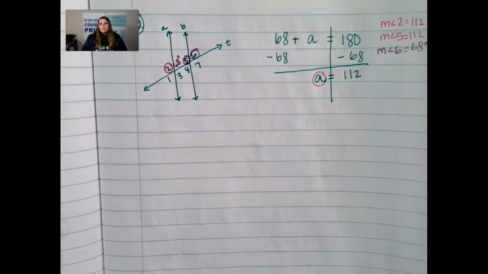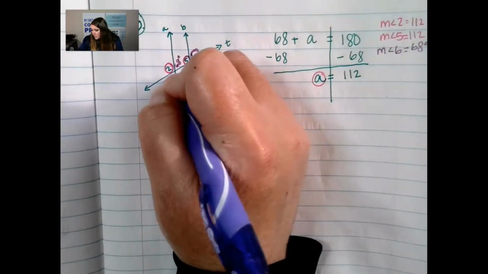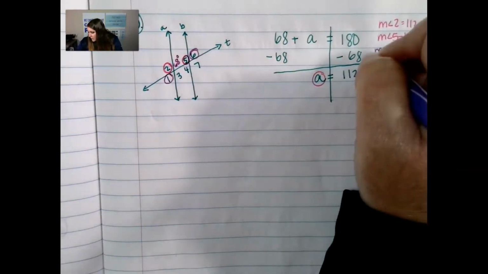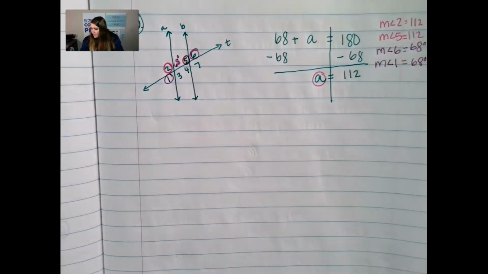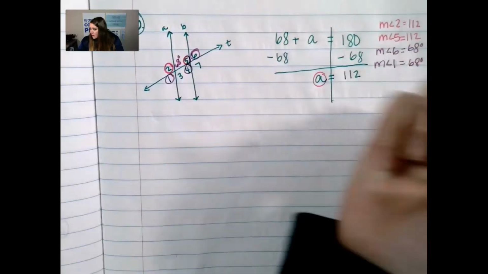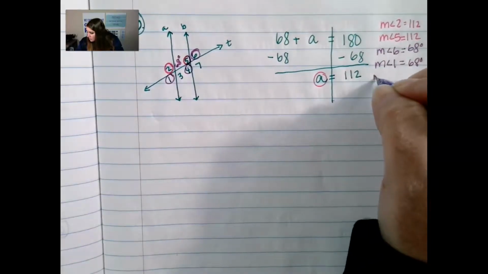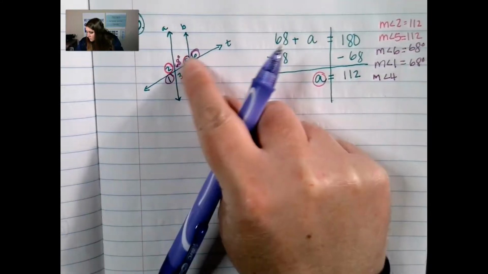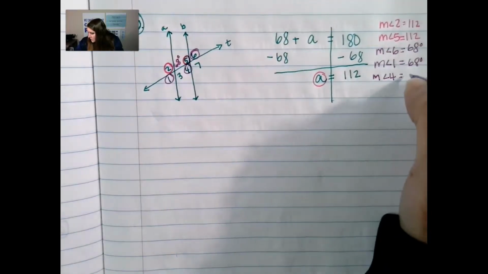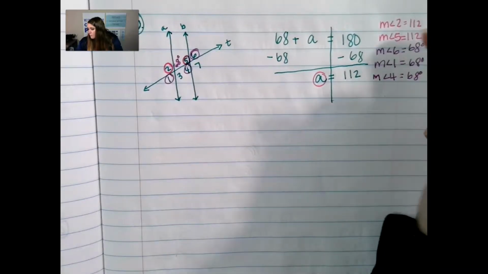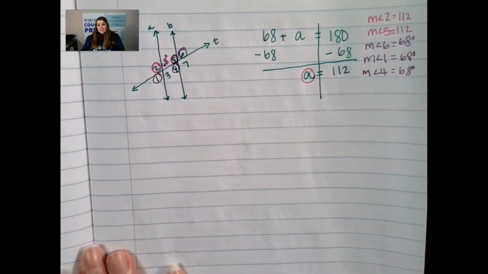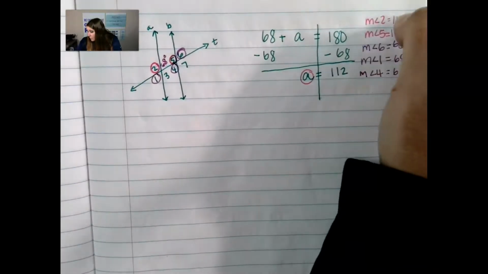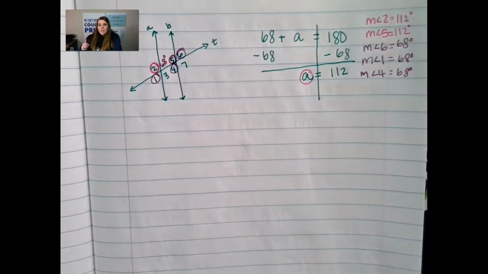Okay, now we're ready for vertical angles, looking at those verticals. All right, what is across from 68? It's measure 1. So the measure of angle 1 is 68. And the measure of angle 6 is also, measure of angle 4, because it's across from angle 6, is going to equal 68. I'm only working with two numbers, 112 and 68, because they both add up to be 180.